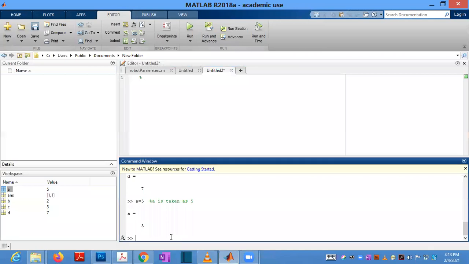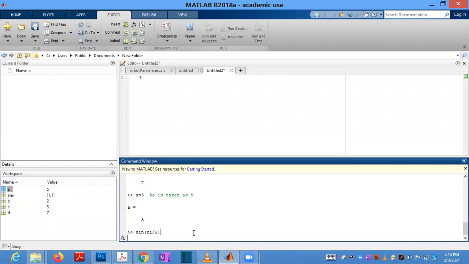You can enter the sinusoidal command also, sin pi by 2. The sine term also it will take, and pi is automatically taken as pi. So you cannot use pi as your own variable.